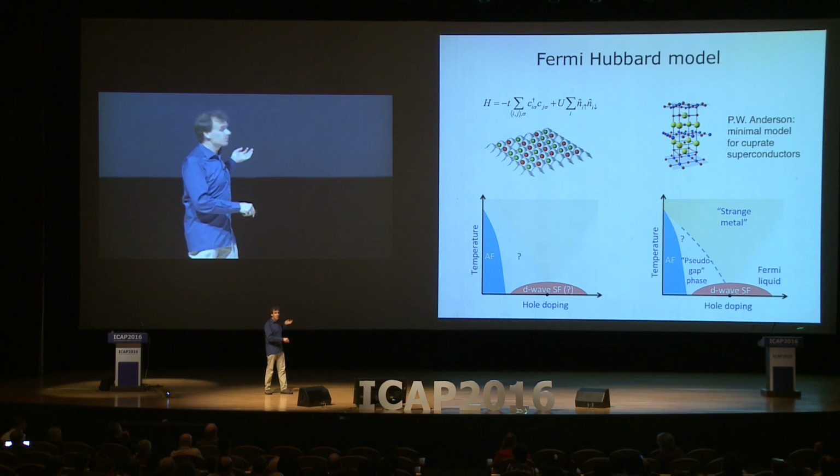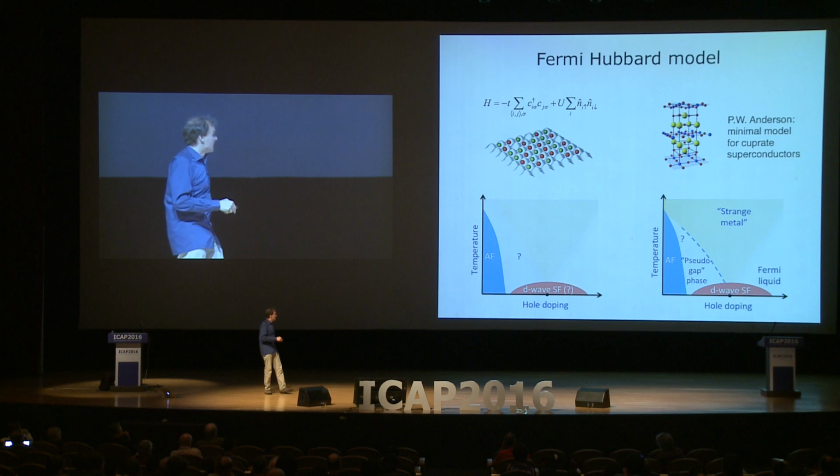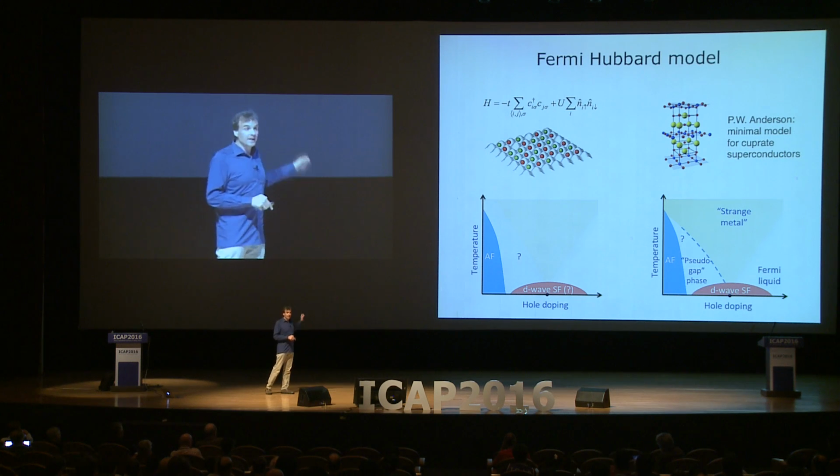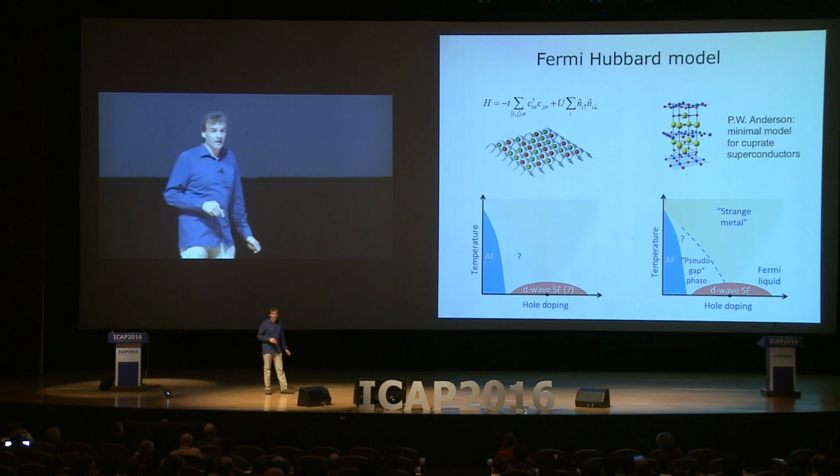This is an experimentally determined phase diagram, but people don't really understand what this actually means. You can tell by the names, strange and pseudo, but the idea is, can we understand this microscopically, and how much of this is already contained in the Hubbard model?